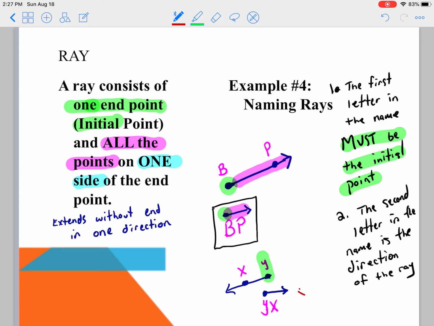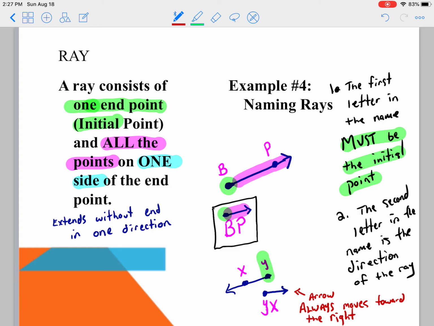So I'm going to put a little note here. Arrow always moves toward the right.